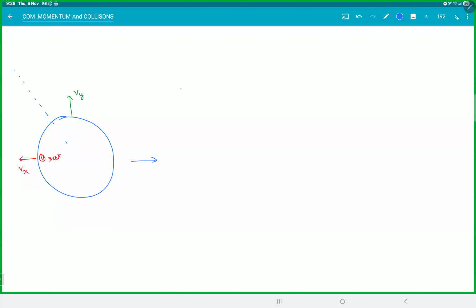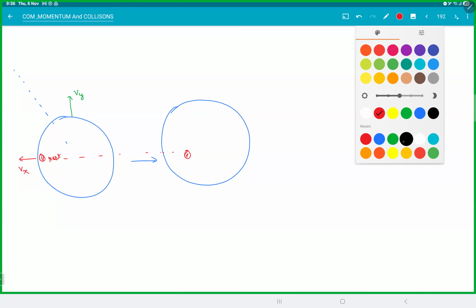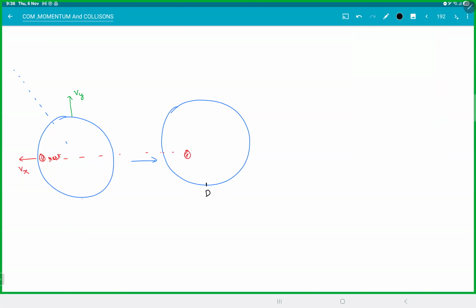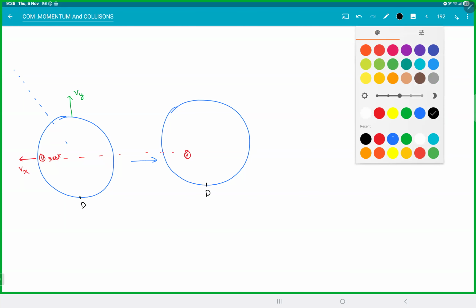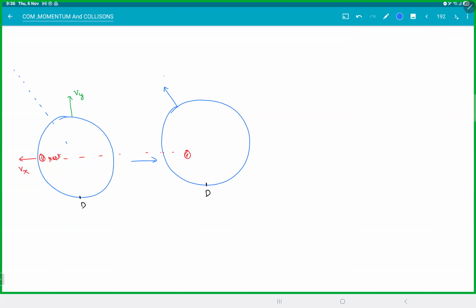So next moment, your ring is going like this. And don't forget, your coin is still at the same place. Your coin does not know what is happening. Your coin will still stay there only. This is point D. So basically the coin got the velocity u actually.